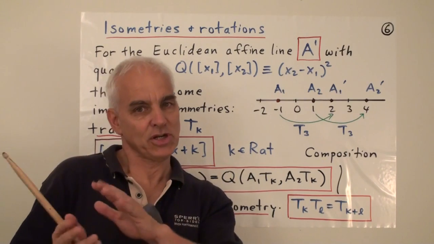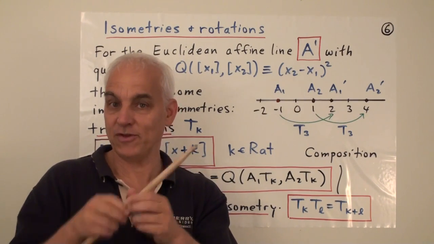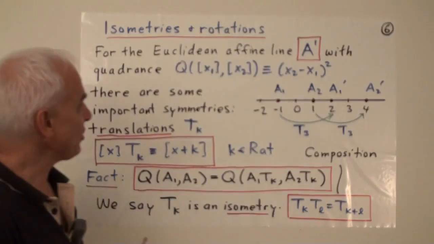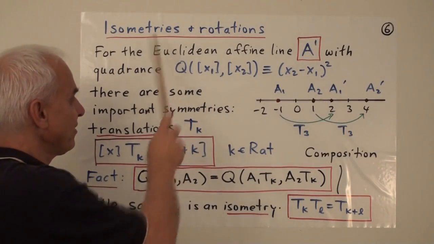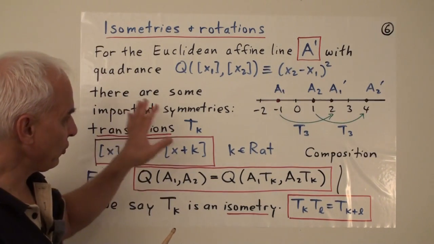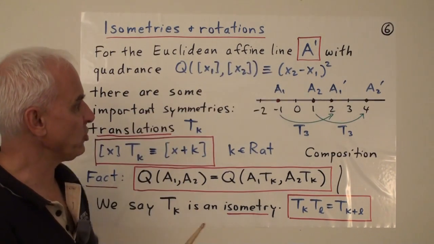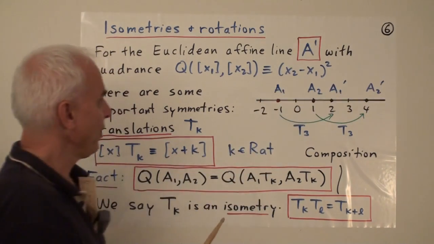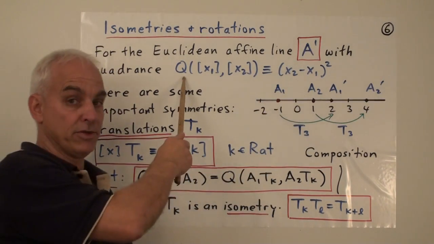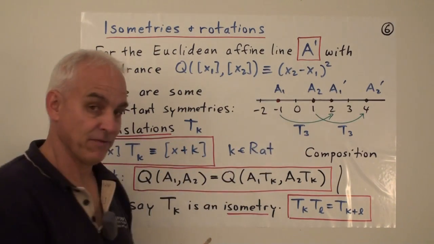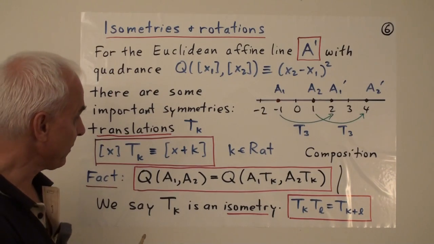Right now I wanted to switch a little bit to another aspect of this rich one-dimensional projective line. I want to talk a little bit about rotations and things called isometries. And to motivate that, let's have a look at the corresponding affine situation. So we go back to the affine line, A1, with our ordinary quadrance, which is now a capital Q, just given by the difference in coordinates squared.